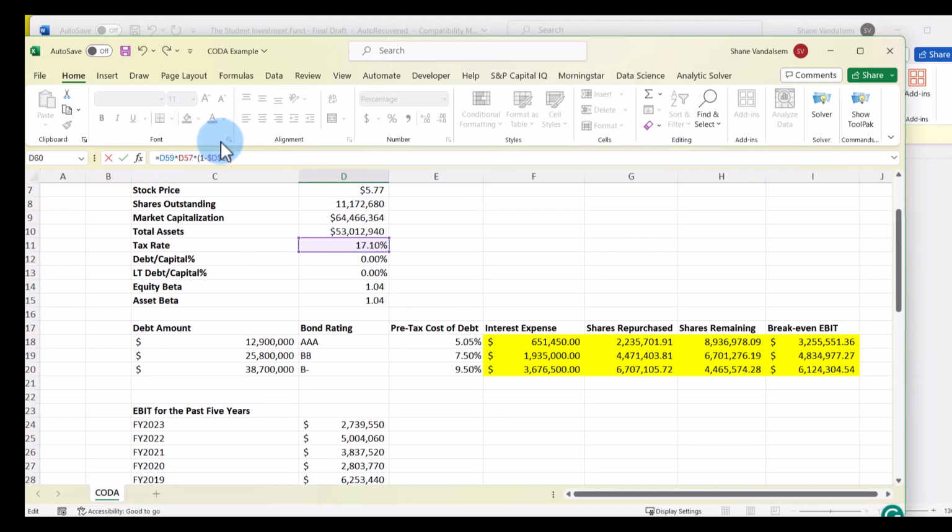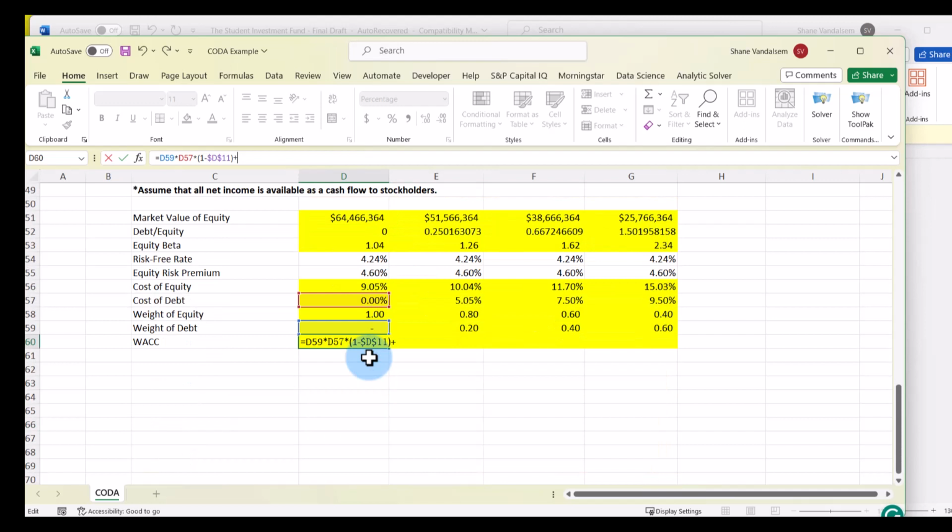We have no preferred stock, and most companies in the United States don't have preferred stock. So we'll skip over the middle portion of that weighted average cost of capital formula. And now we'll take the weight of equity multiplied by the cost of equity. And that will give us our weighted average cost of capital for the firm.